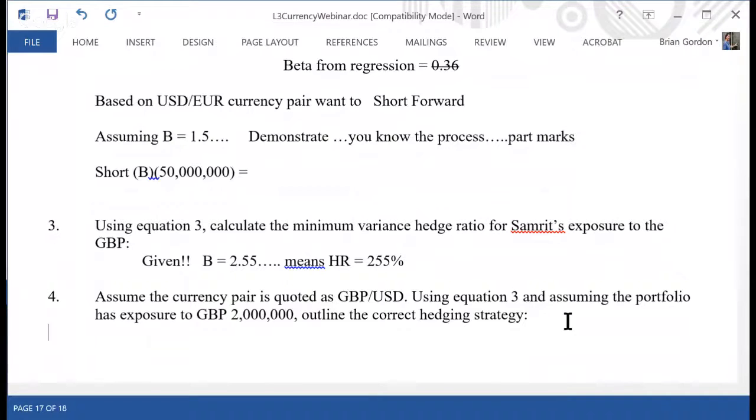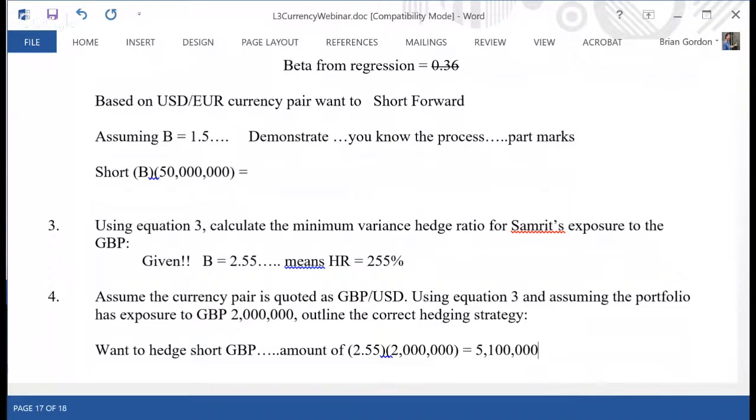So what are you writing down here? Just think, we want to hedge by going short, short the British pound, and we want to do this in the amount of, well, how much? Well, what was beta? Beta was 2.55, and we'll multiply this by 2 million, and so now this is going to equal 5,100,000.